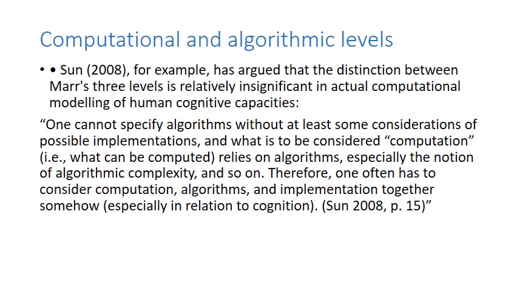I quote, "One cannot specify algorithms without at least some considerations of possible implementations, and what is to be considered computation relies on algorithms, especially the notion of algorithmic complexity and so on. Therefore, one often has to consider computation, algorithms, and implementation together somehow, especially in relation to cognition."